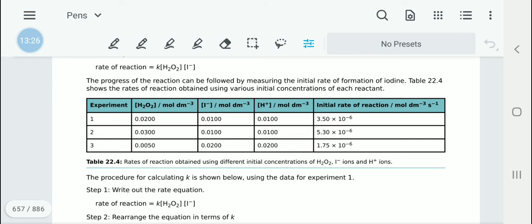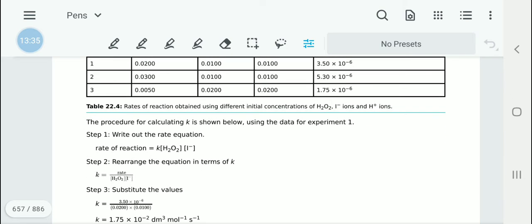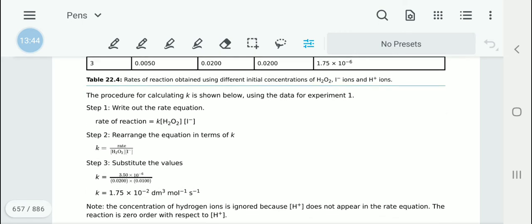From the data provided in table 22.4 of the textbook, we can calculate k using the below steps.